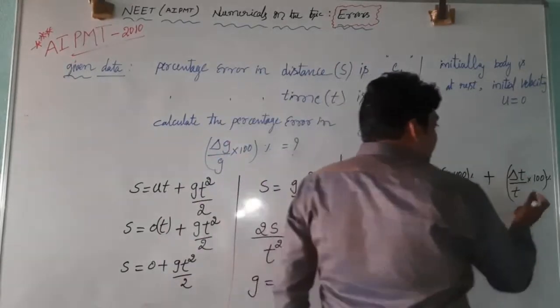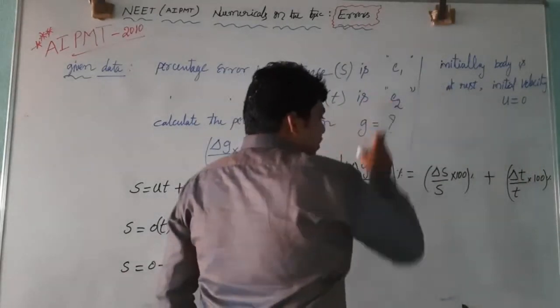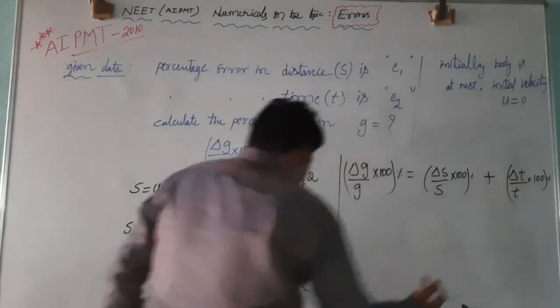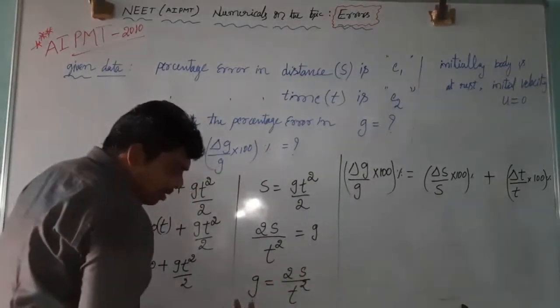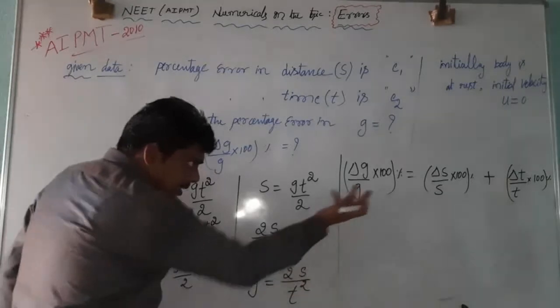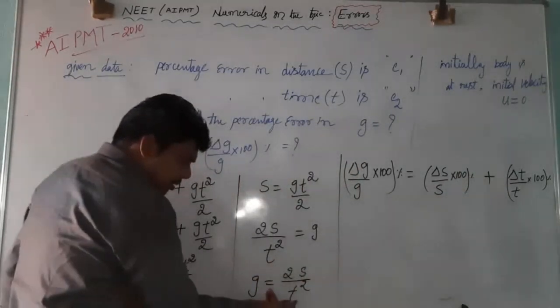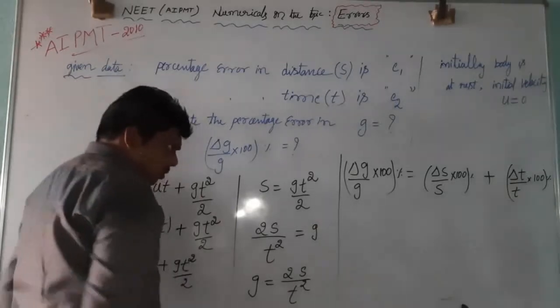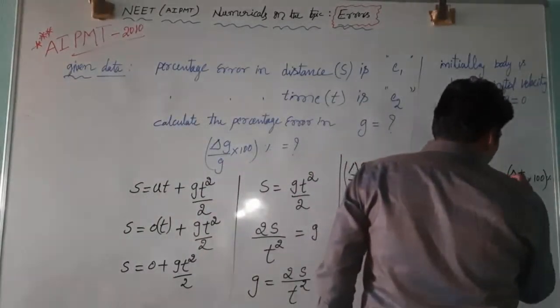Delta t by t into 100% is nothing but the percentage error in the time, indicated by E2. Before this, for s, the power is 1, so there is nothing to consider for s. But for the time t, what is the power? 2 is there. So we have to consider 2 into.